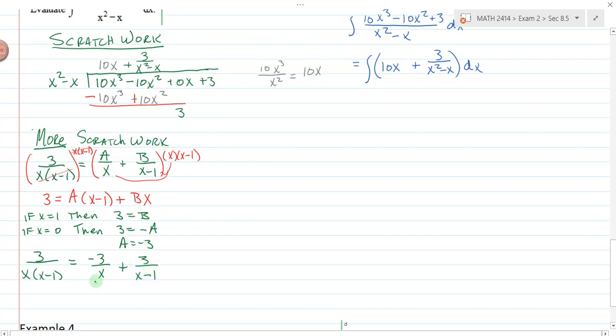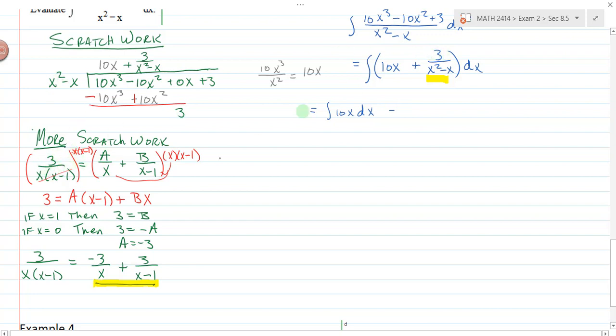So that's what I'm going to do. I'm going to rewrite that expression up here, and I'm going to replace this expression with this expression. So that means that this integral can be rewritten as the integral of 10x dx minus, and there's already a 3 here. Oh no, that 3 was taken into account whenever we rewrote this.